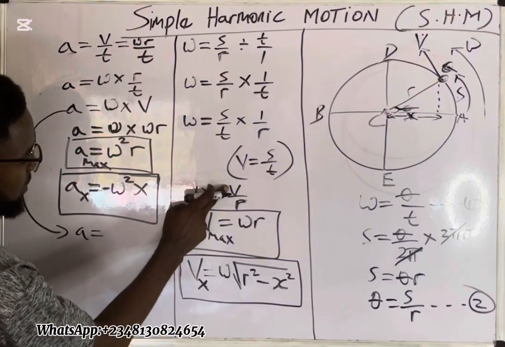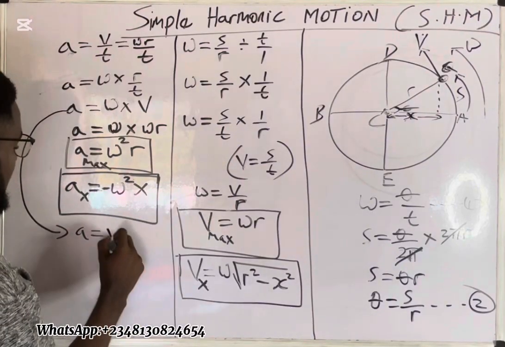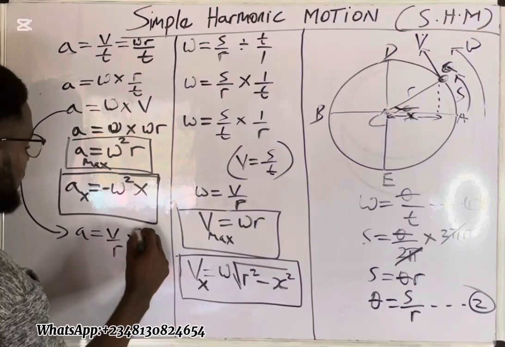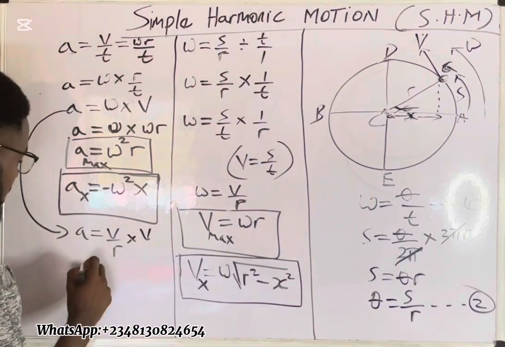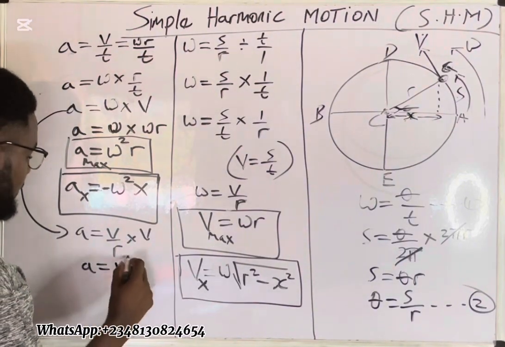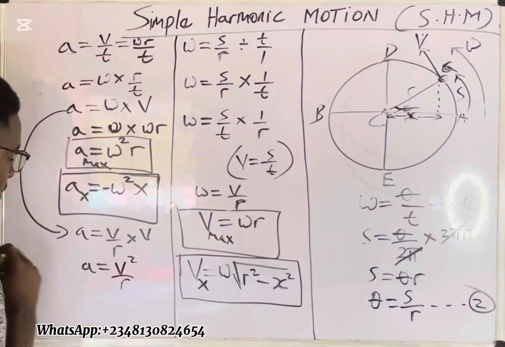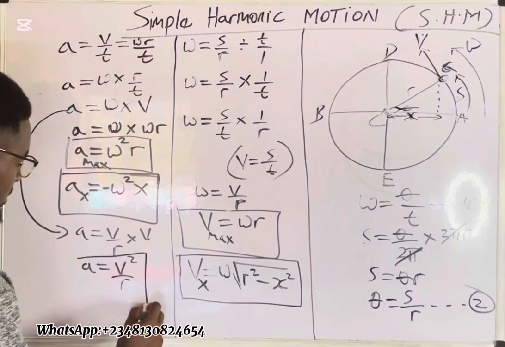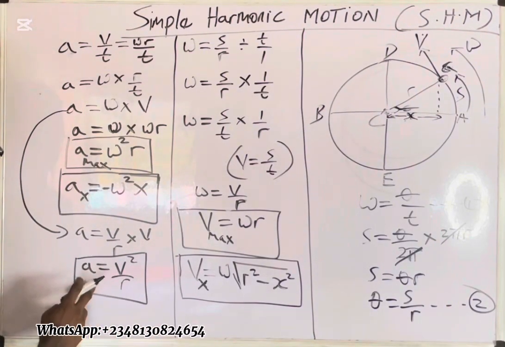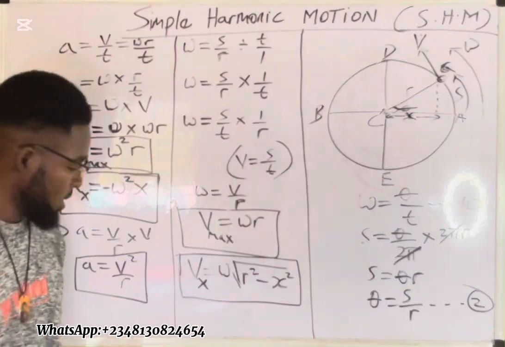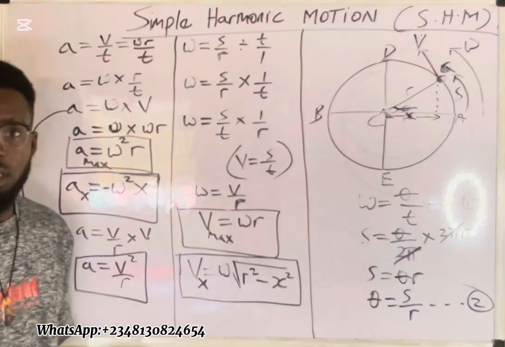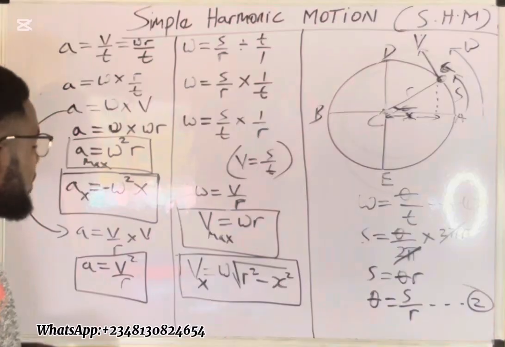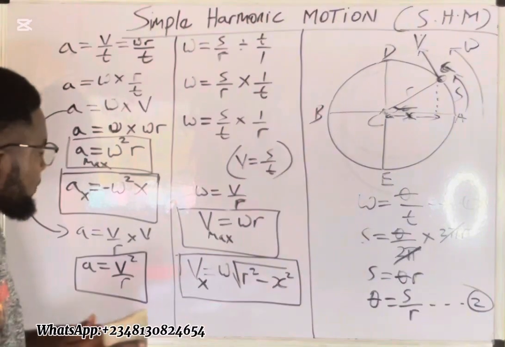Omega right here is speed over radius. That is speed over radius times the speed. So therefore, acceleration becomes v square over radius. This is centripetal acceleration. That's the acceleration that keeps a body in circular motion.